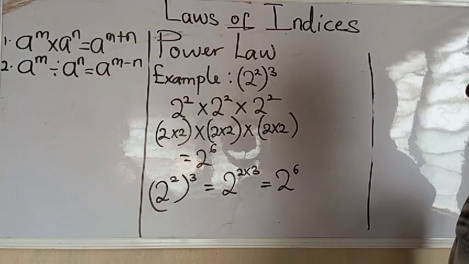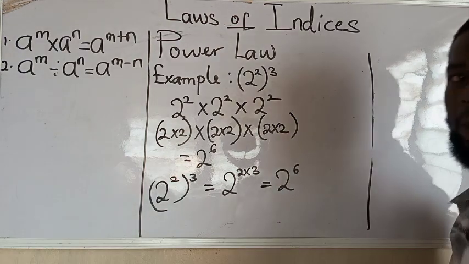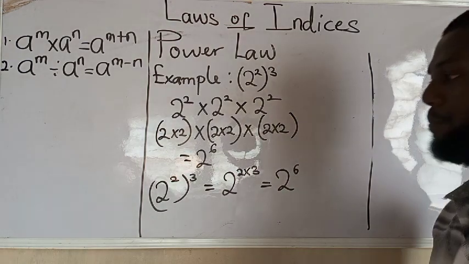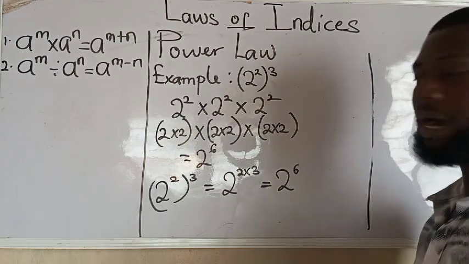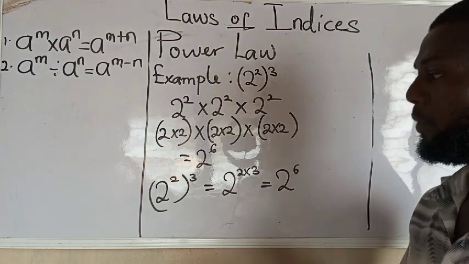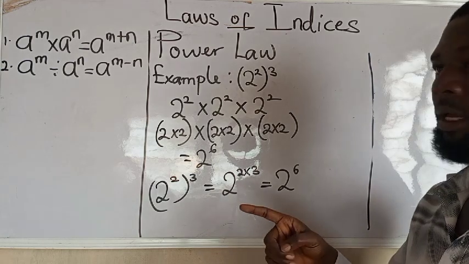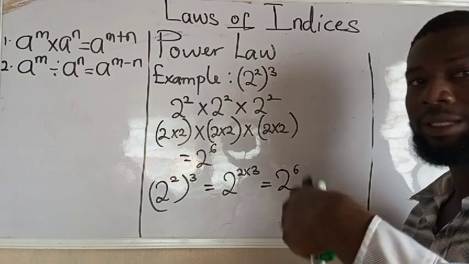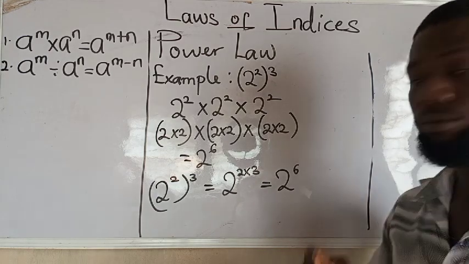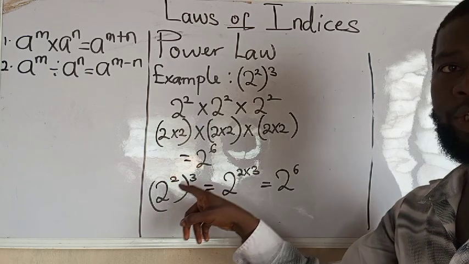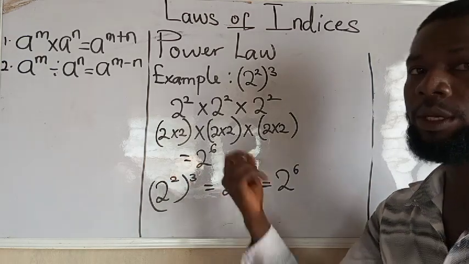It tells us that if a number is raised to a certain power and it's also raised to another power, then in this situation, you can multiply the powers together.